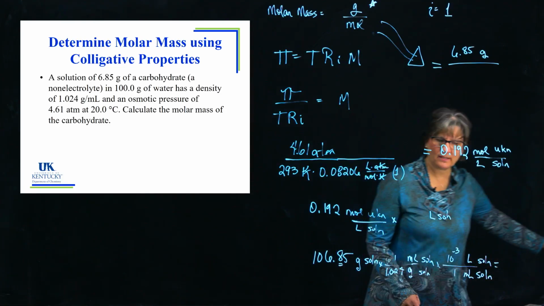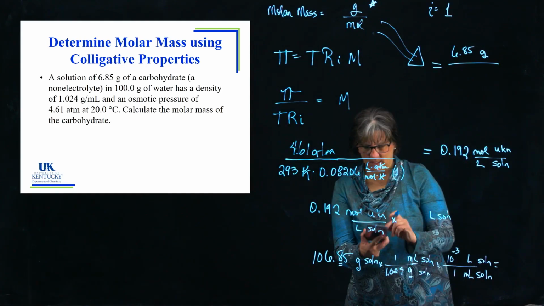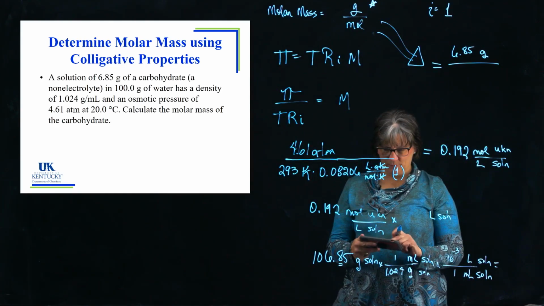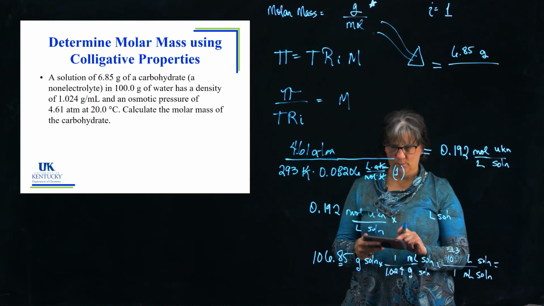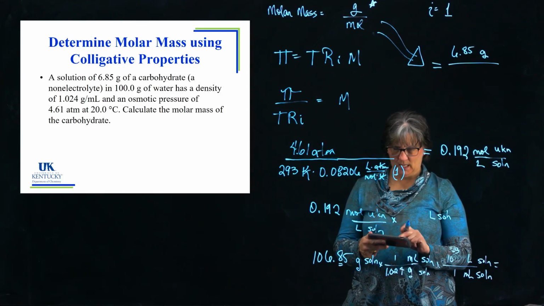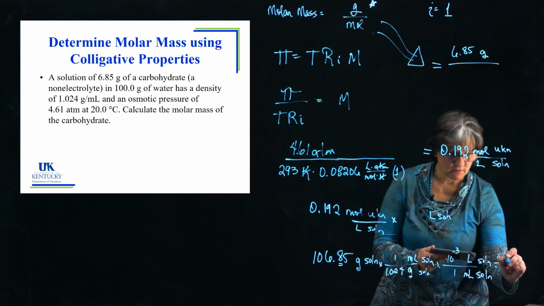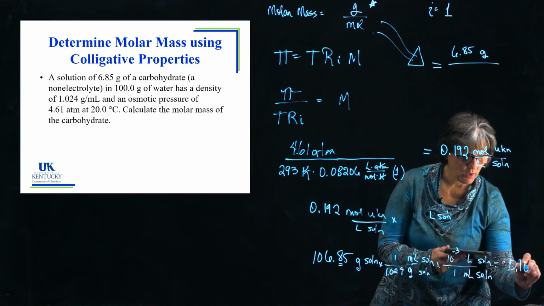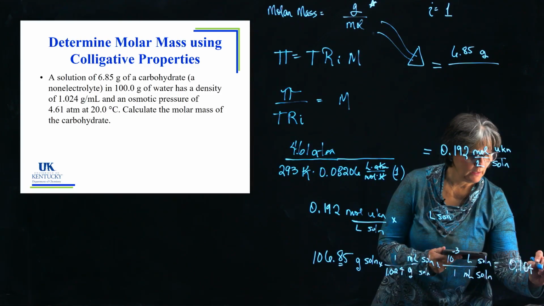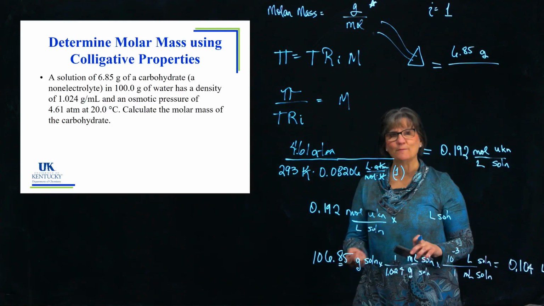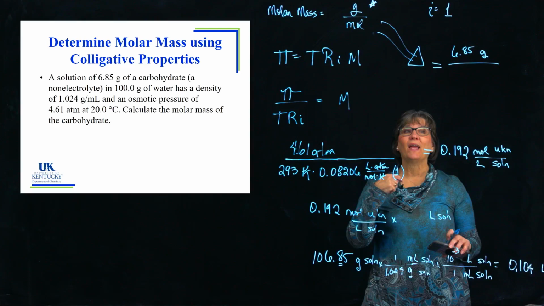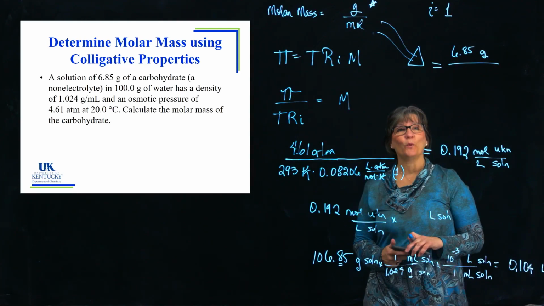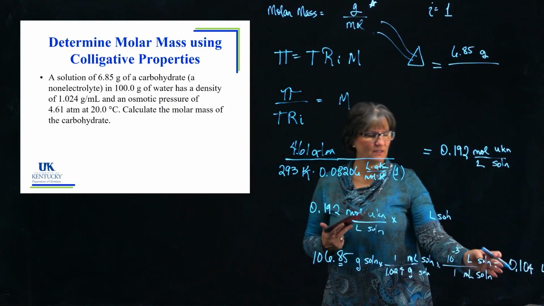Now, I did not calculate that before, so let me go ahead and put this into my calculator here. 1.024, and I have a liters of solution of 0.104 liters. Now you can see that as 100 grams, if it was pure water, that'd be 100 milliliters or 0.1 liters. We have a little bit of added stuff to that, don't we? The solution is actually this value here.